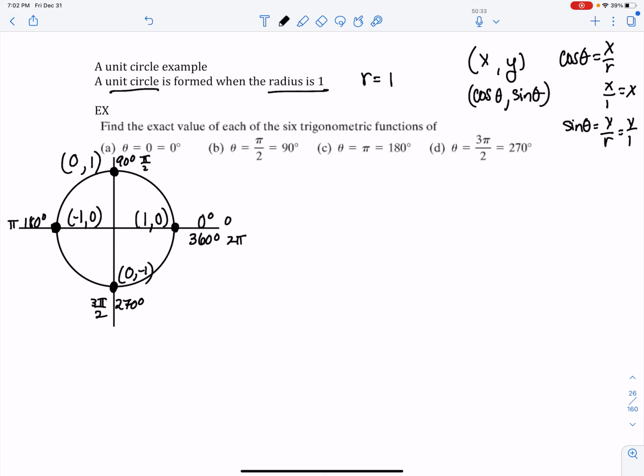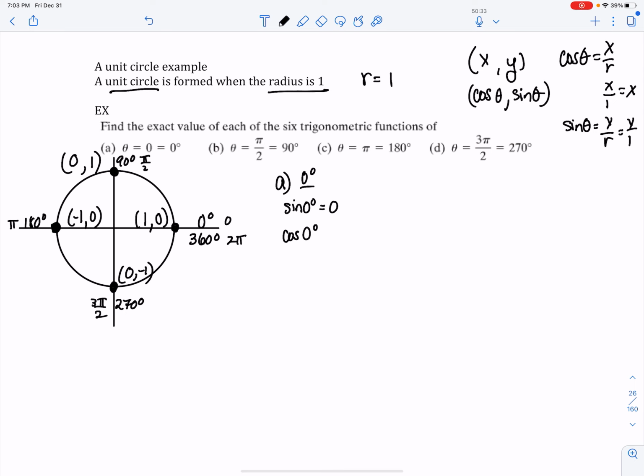So now getting back to what they're asking us, part A asks me, what are the 6 trig functions when the value is at 0 degrees? So I have to find sine at 0 degrees. Look at 0 degrees, read off the y value, and you'll see the y value at that point is 0.